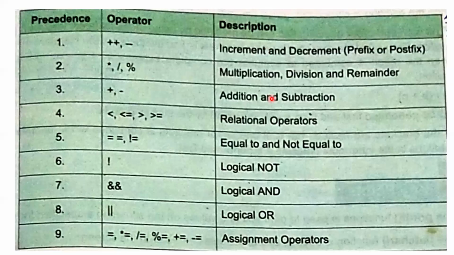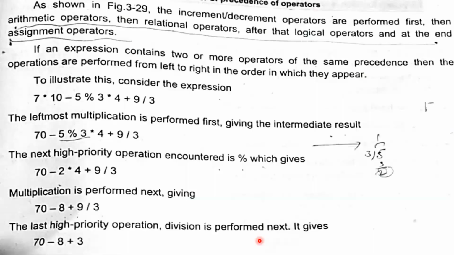Third, relational. These two are the relationals, and these are logical, and at the end we will solve the assignment operators. For example, the increment and decrement operators are performed first, then arithmetic operators, then relational operators, after that logical operators, and at the end assignment operators are performed.